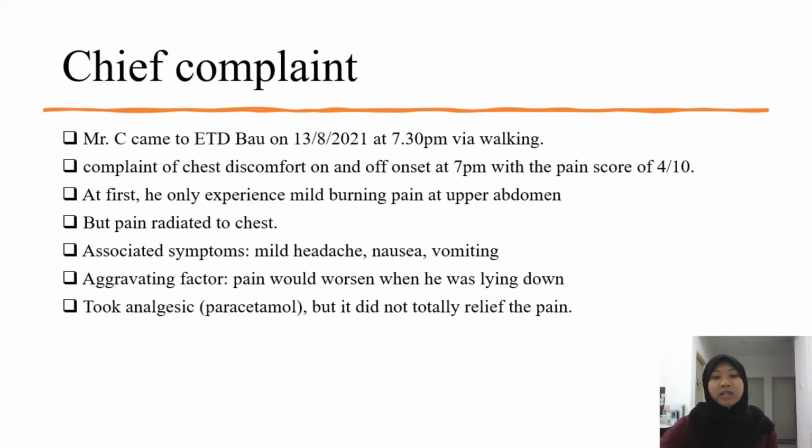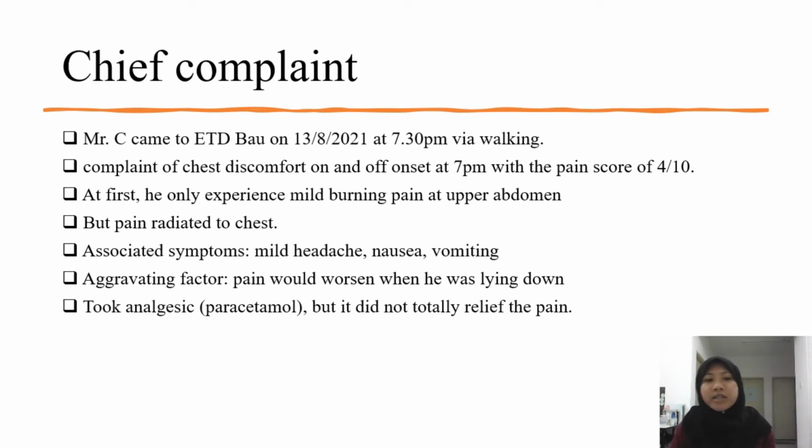Mr. C came to ETD Baru on 13 August 2021 at 7:30 p.m. by walking. He complained of chest discomfort on and off, with onset at 7 p.m. and a pain score of 4/10.